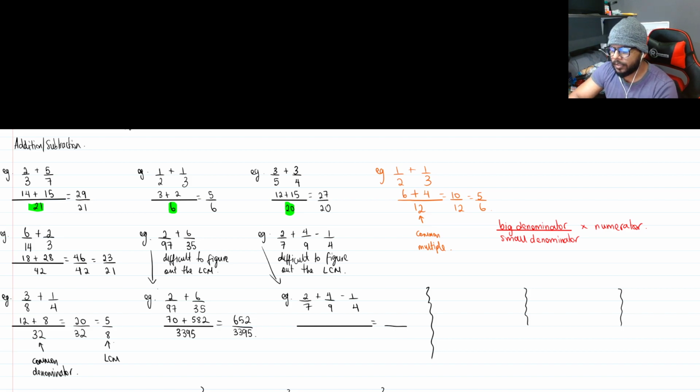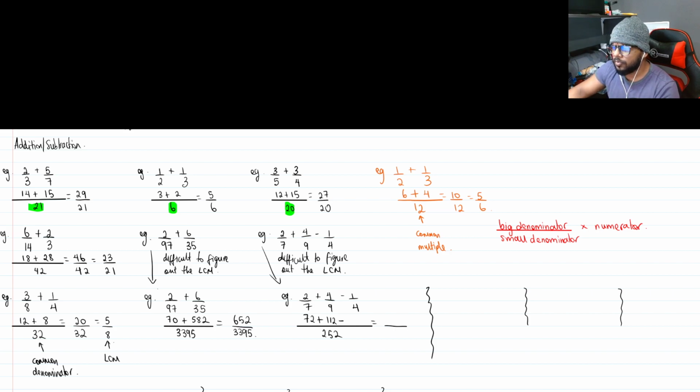So in this one, it could be a little more difficult because now I have three fractions here. Well, 7 by 9 by 4 is 252. Well, 252 divided by 7 is 36, and I'm multiplying it by the 2. I get 72. Plus 252 divided by 9, 28, multiplied by 4, 112.